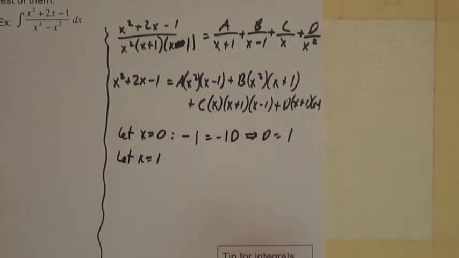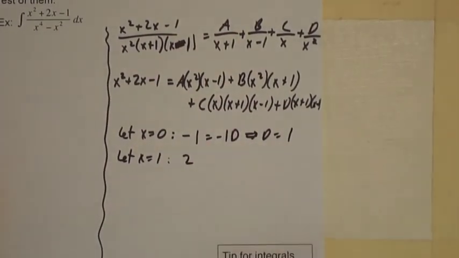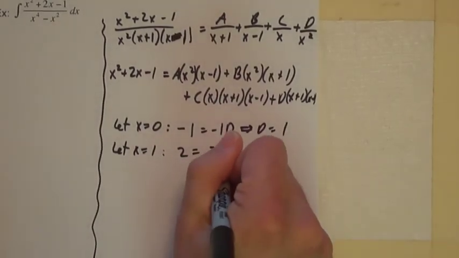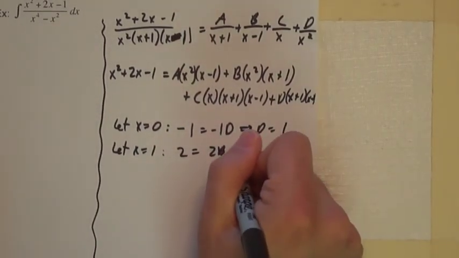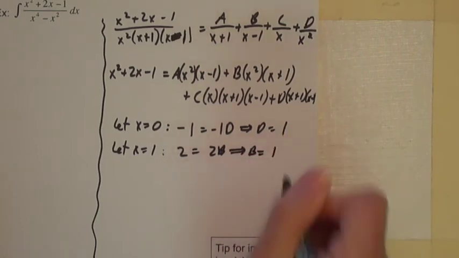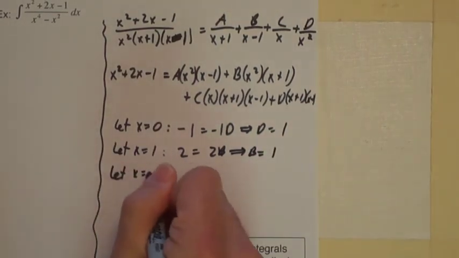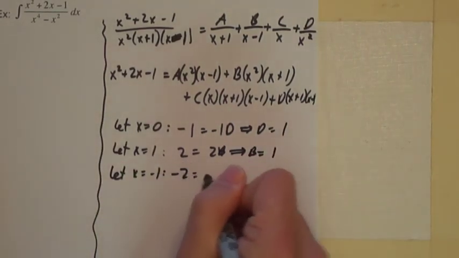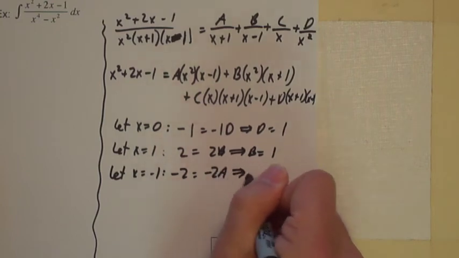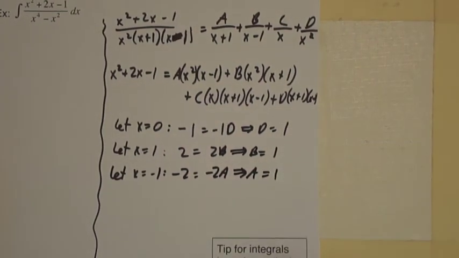Similarly, if we let x equals 1, our equation gives us 2 equals 2B. So B equals 1. And if we let x equals negative 1, our equation gives us negative 2 equals negative 2A, so A equals 1.